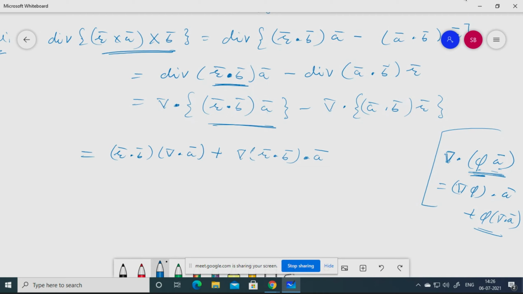Okay, phi is a scalar function. So here R bar dot B bar is also a scalar function only. Is it or not? Then again a minus sign. For this one again I'll apply the same thing. What is phi here? A bar dot B bar. So phi is A bar dot B bar, again del dot R bar I will get.